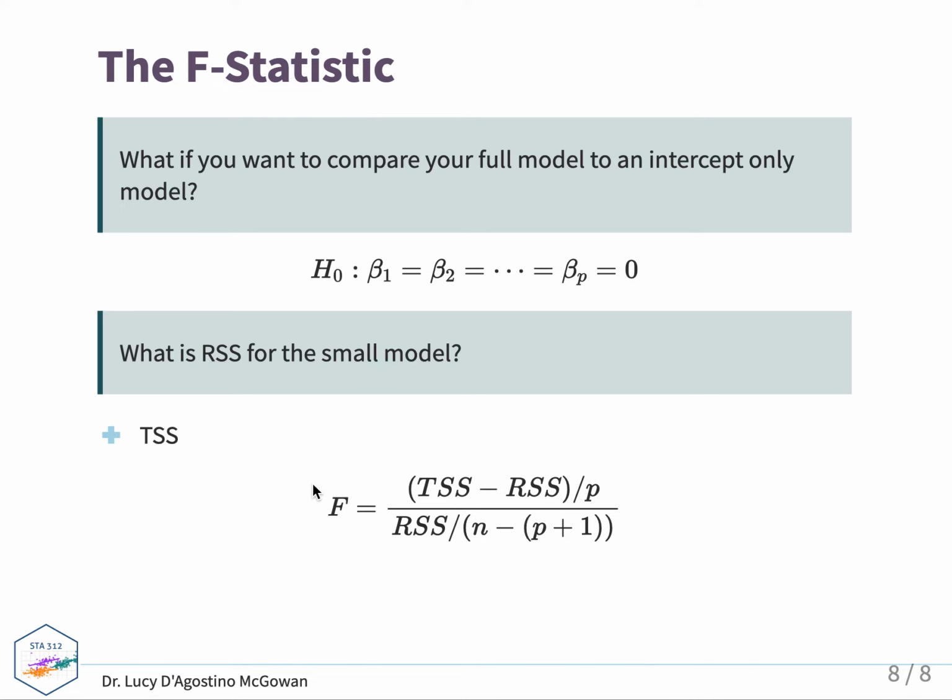You'll see the full layout in the application exercise, but if you recall from the lab, we fit a model where we were predicting salary based on the number of times at bat plus the number of hits. What I want you to do is fit that model, then compare it to an intercept-only model and calculate the F statistic. And then see if you can find where in the linear model's output you see that value. It might be in the summary function, just as a hint.